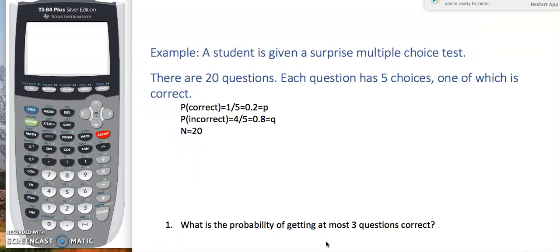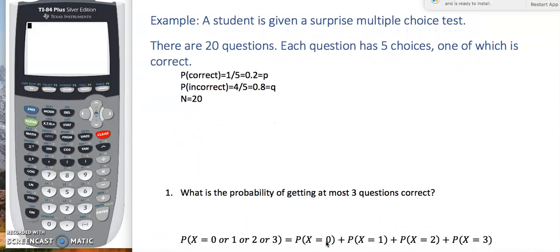And so we can't use binomial PDF anymore. Remember, that's only for a precise value. We have to use something different to add up these probabilities. So starting at x equals 0 and adding up all those probabilities until x equals 3.